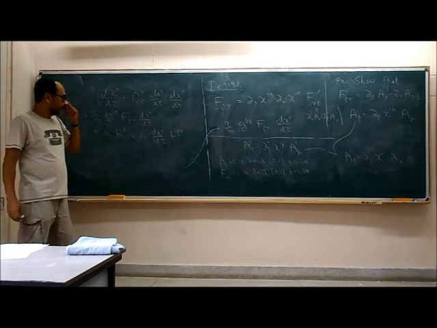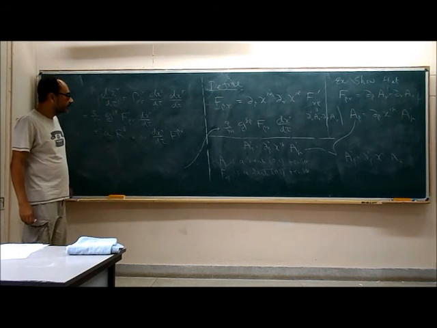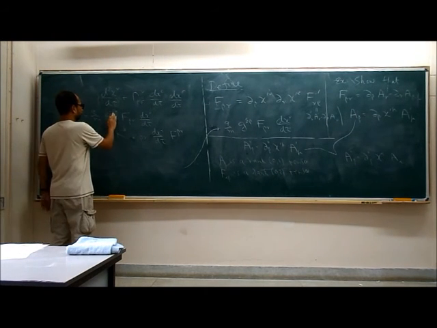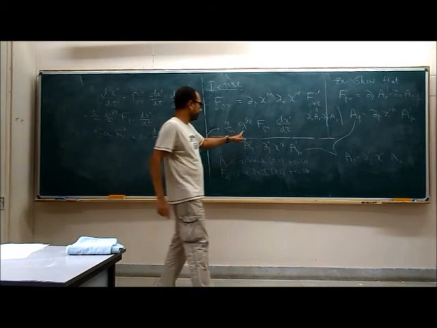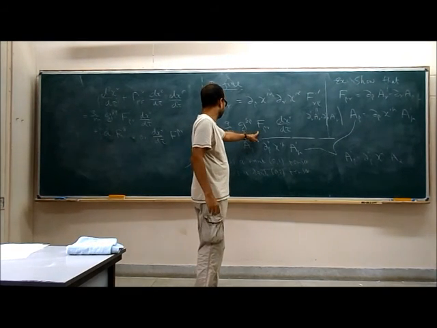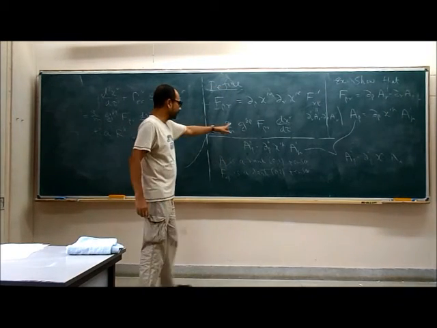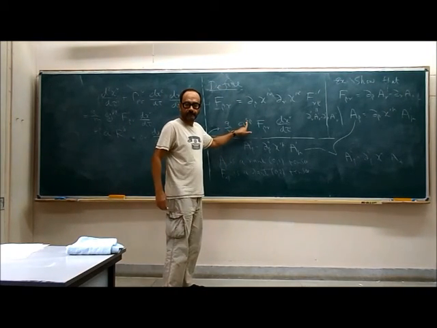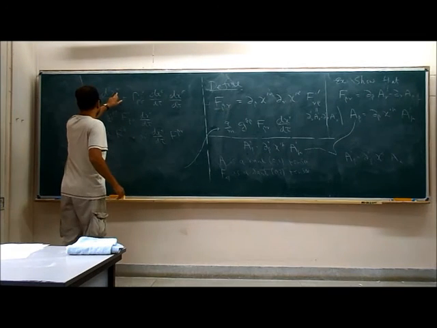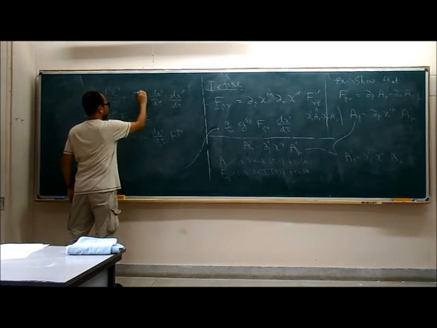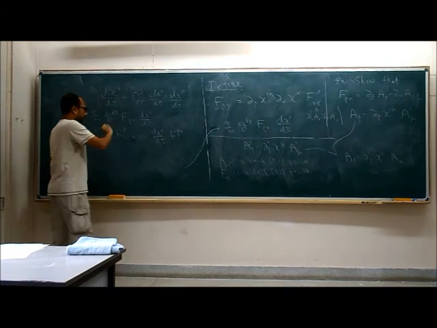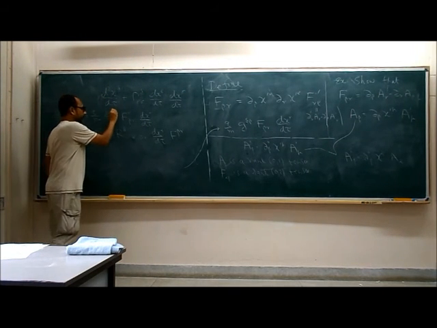Somewhere we missed out the index here. After doing this, we arrived at this G delta, and the free index was delta. So on this side, the index should have been delta. But the point is that I'm trying to write it in the form that we arrived at.